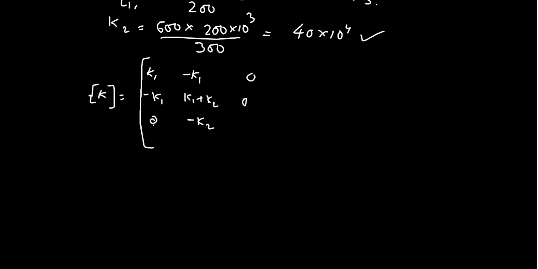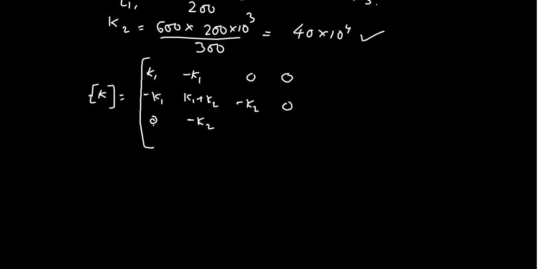There will be four rows: K1, minus K1, 0, 0, and K1 plus K2, here there will be the K2 value. This is minus K2 because it's symmetric, again 0. For the third row, third column, it is K2 plus K3.